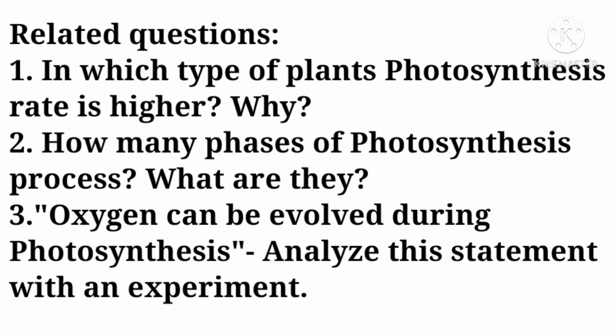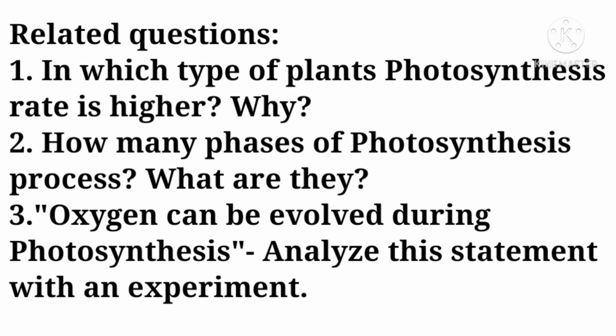Now question number 2. How many phases does the photosynthesis process have? There are 2 phases of the photosynthesis process. What are they? These are the dark phase and the photo or light phase. Now question number 3. Oxygen can be evolved during photosynthesis.